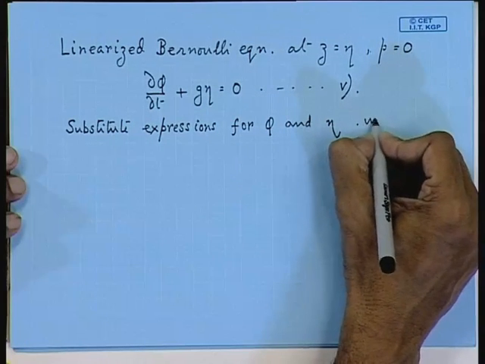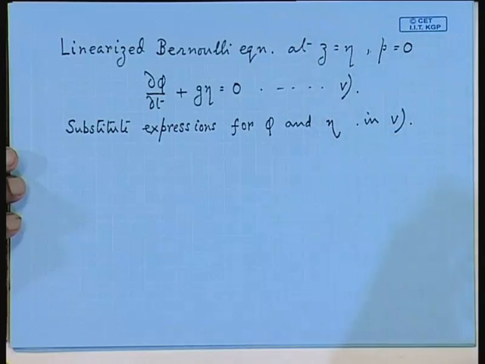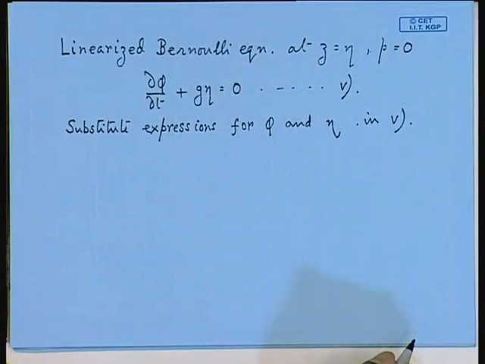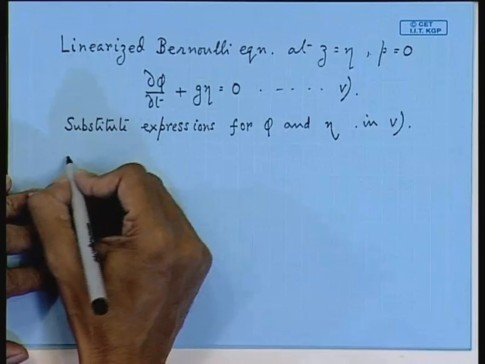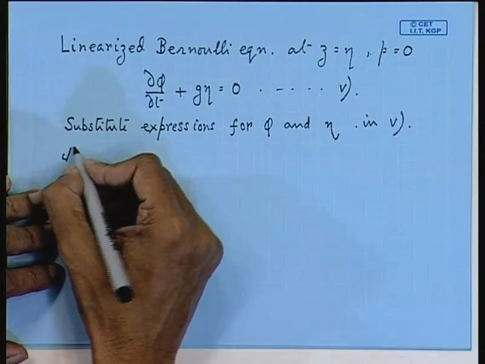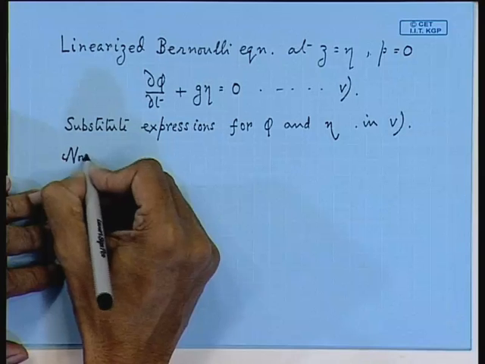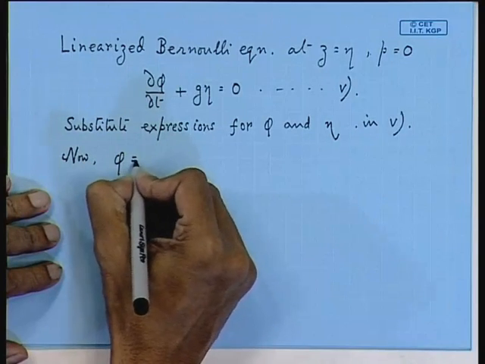So, what was your expression for phi? This is a condition at the free surface, isn't it? Phi is the expression for velocity potential, which if you turn the pages you will find.